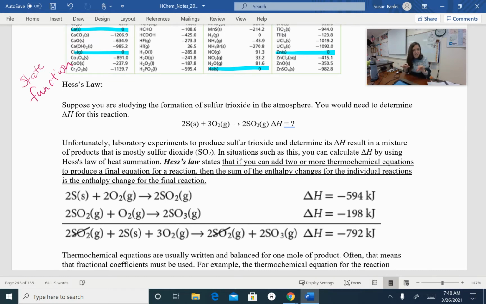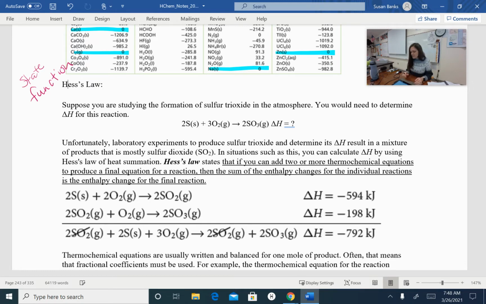My net change in elevation is going to be the same. And it's the same for these reactions. It doesn't matter which reactions I stack together, as long as I can stack them together in order to get to the reaction I want to measure. The sum of all those enthalpies of those various reactions will give me the enthalpy of the reaction I want.